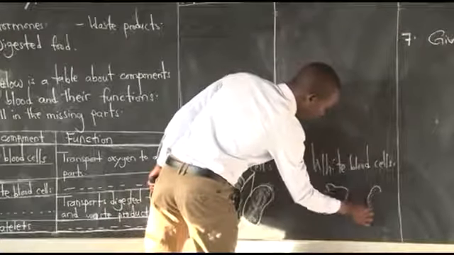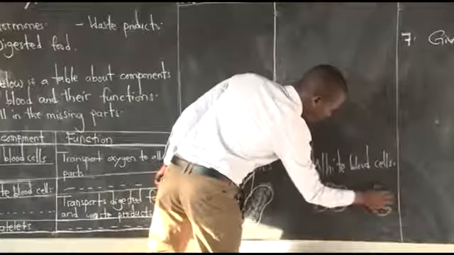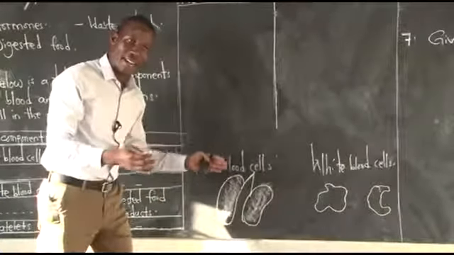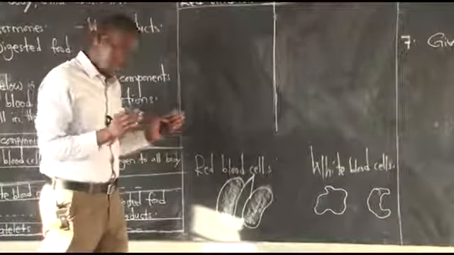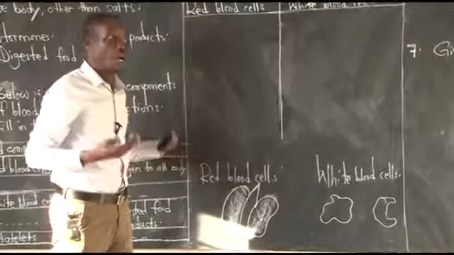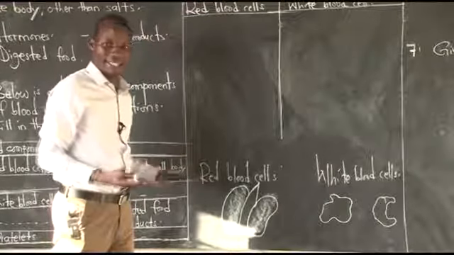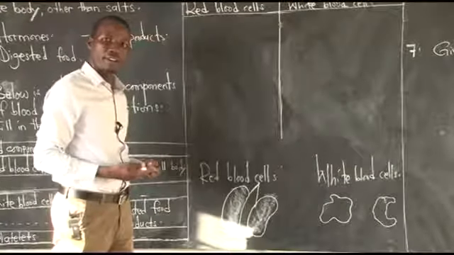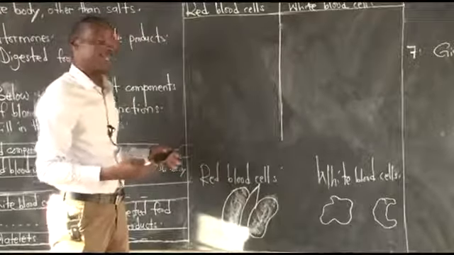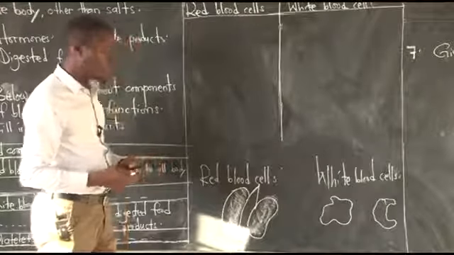The shape can change depending on the work, the function. When they are going to attack or fight against a germ, they will change shape to engulf this disease germ. So they can also ask you, how do white blood cells fight against disease germs? You can simply say by engulfing germs. They will surround the germ and then bring it down.